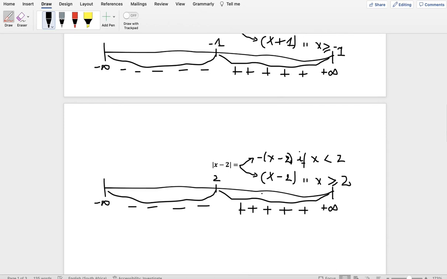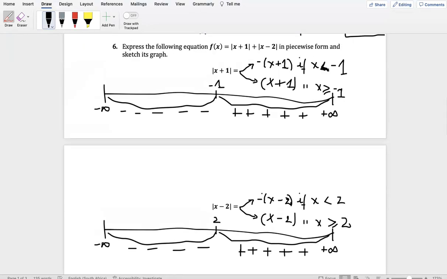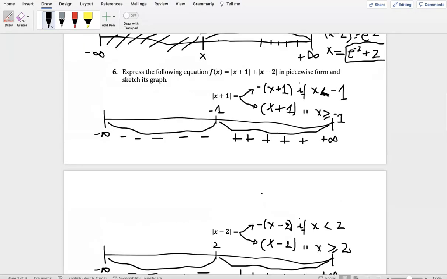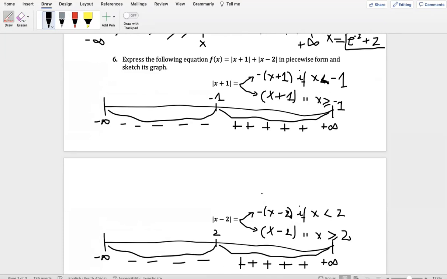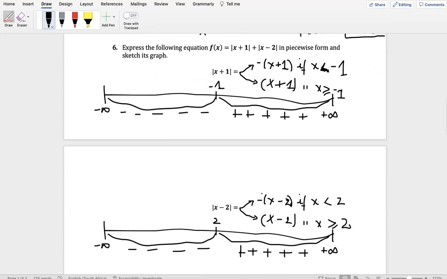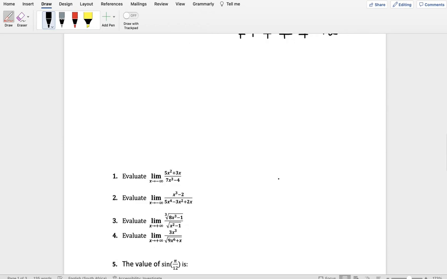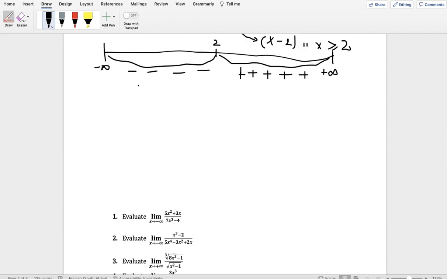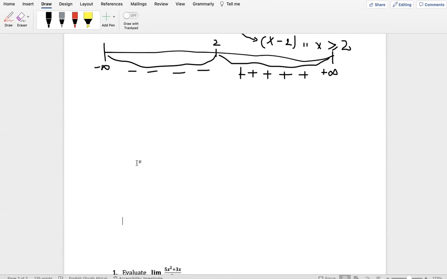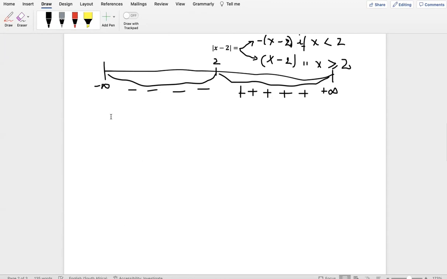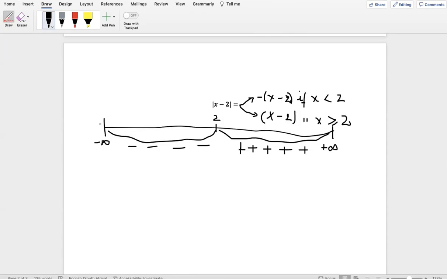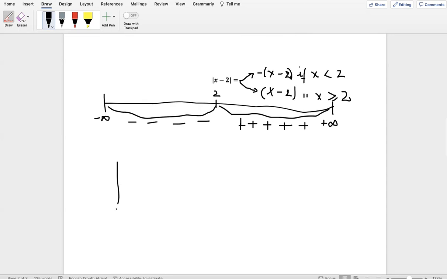Now we have all our signs for our functions. So now what we have to do is draw a very big table, which I'm sure you guys are aware of.